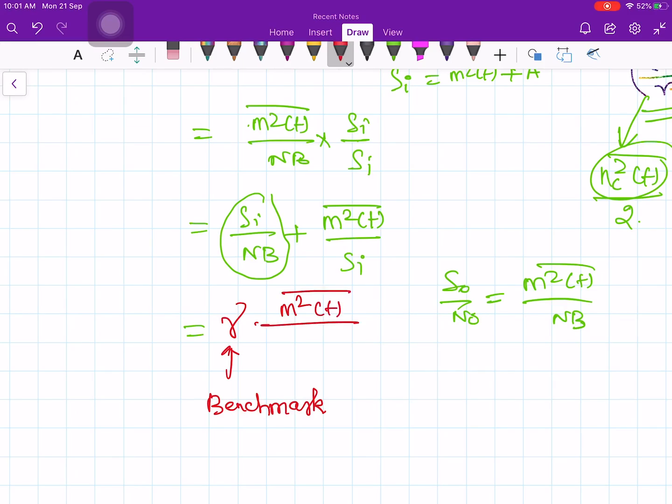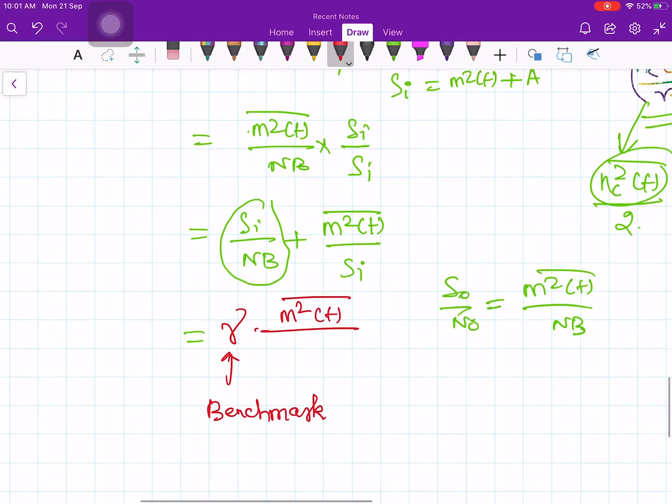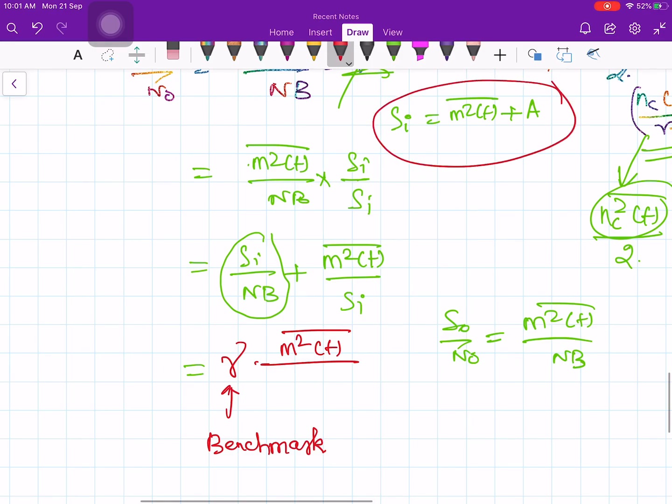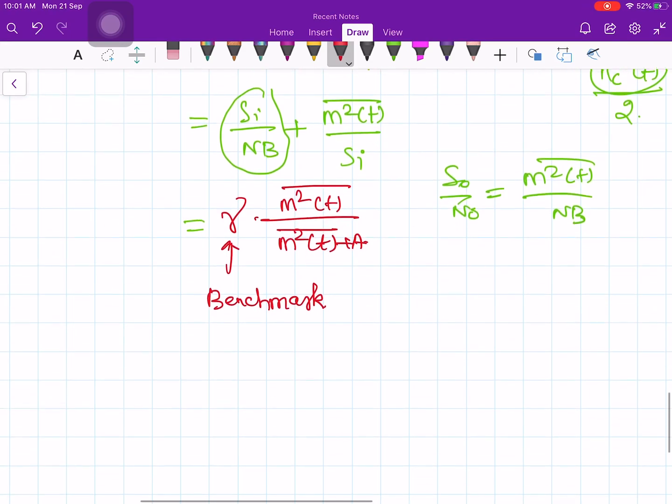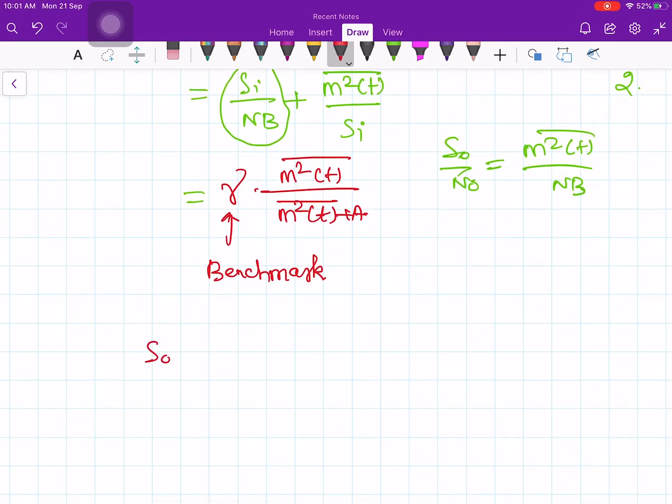What is SI? SI is this guy, we calculated that, m square of t plus A. Therefore, S naught by N naught in terms of our benchmark is, let me simply write m square bar like this, divided by m square bar plus A. I am skipping the t here.